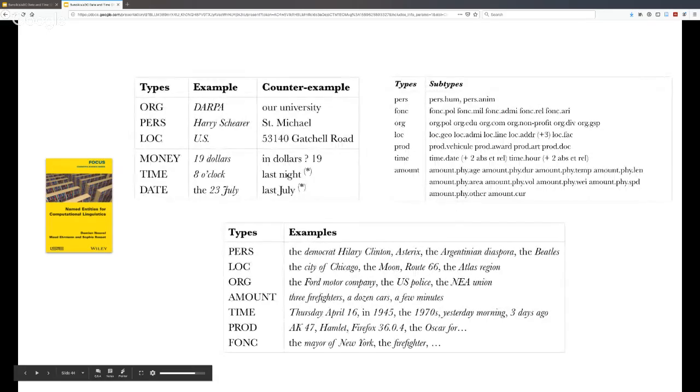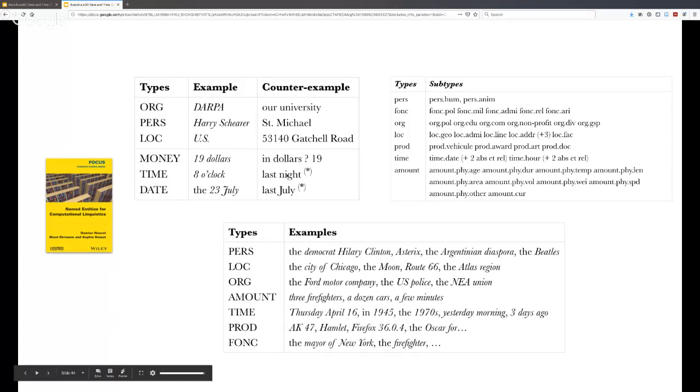I have this slide with 3 screenshots from a recent book about named entities for computational linguistics. And in computational linguistics, we have types with these abbreviations, as you can see, for annotating named entities, and they can be people or places or also a time and date, as you can see.